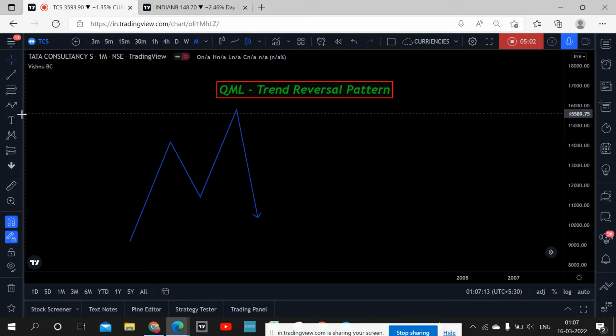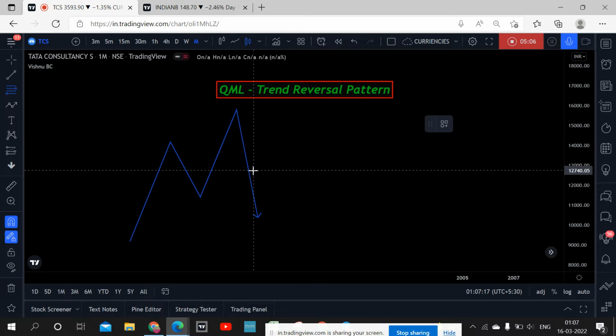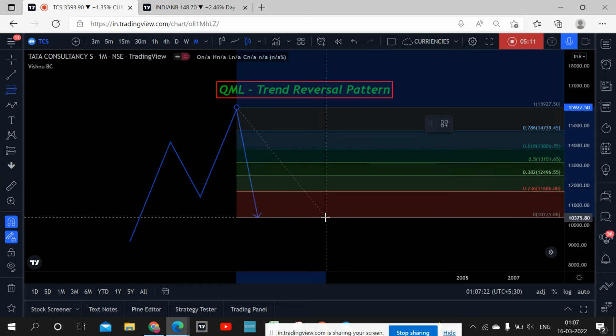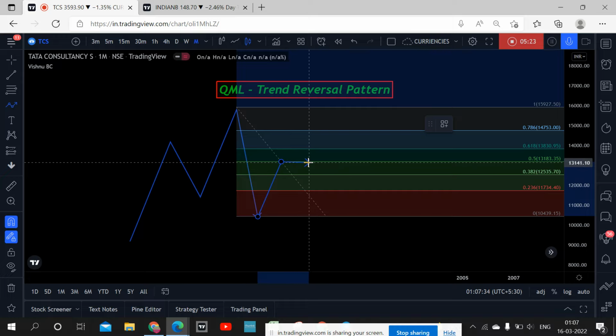People will have doubts about where to make the entry. There are different methods people use for entry, like Fibonacci retracement. Different people will have different setups: some take a sell trade when they get a reversal signal at a point, or whenever it reaches 0.618 they make a sell entry.